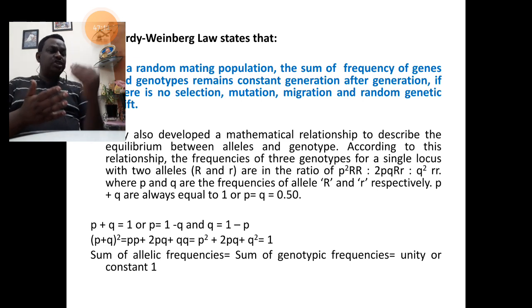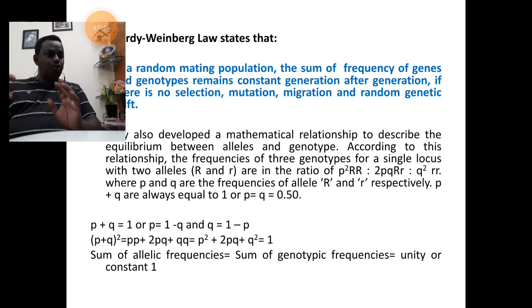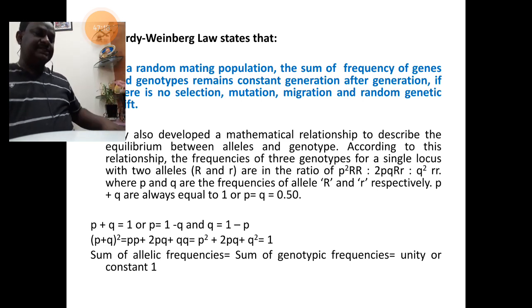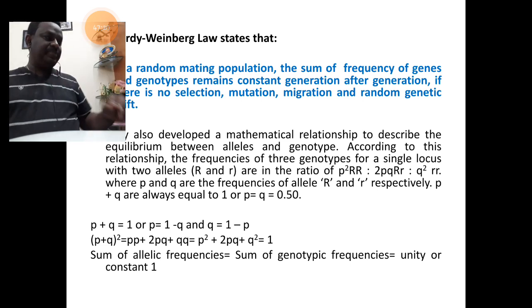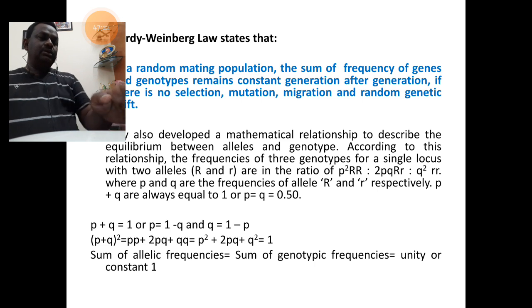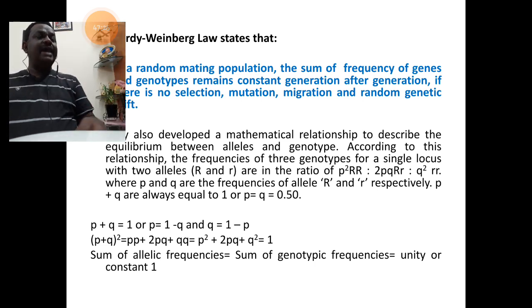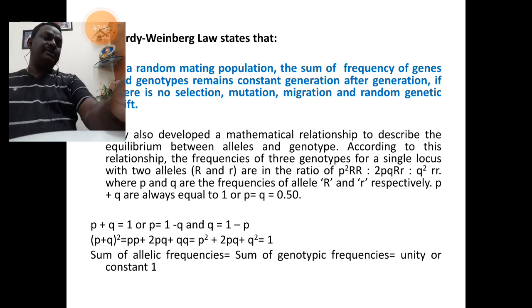That represents genotypic frequency. So both remain equal to unity, or constant. That is equilibrium. So the Hardy-Weinberg law is also called the Hardy-Weinberg equilibrium principle, because it is equivalent to the constant 1.